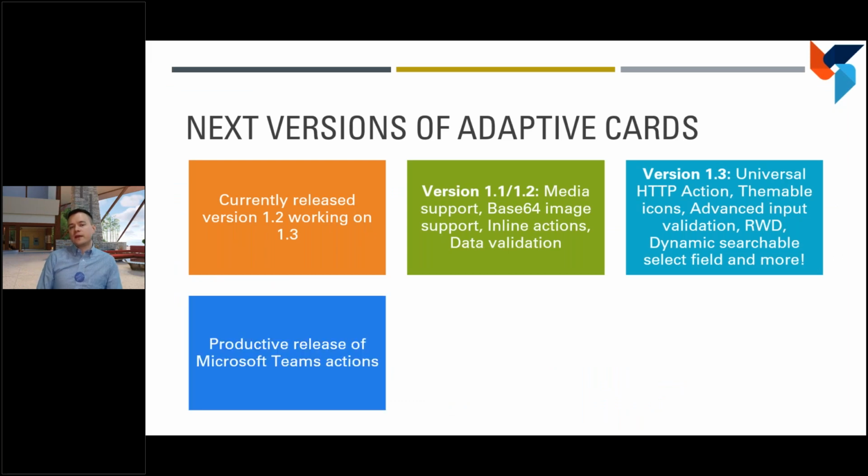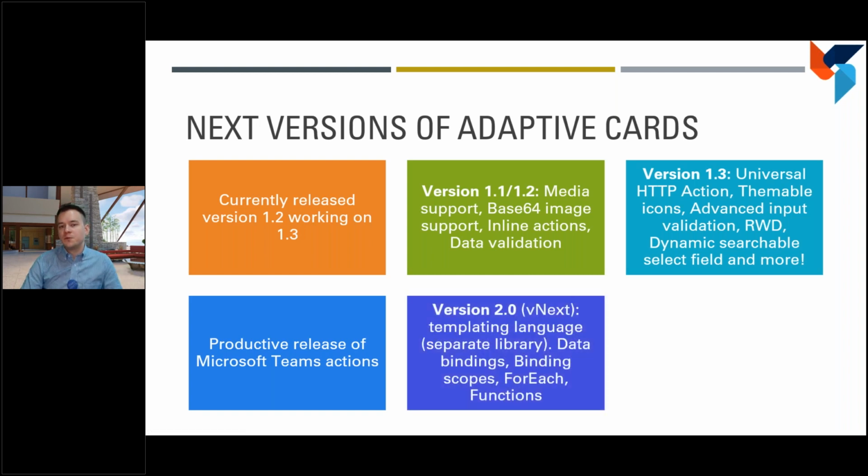Again, there is no timeline for that, but I hope that the productive release of the Microsoft Teams actions in Power Automate will also trigger Microsoft Teams to fully implement and support the scope of SDK 1.2. Yeah, fingers crossed for that.